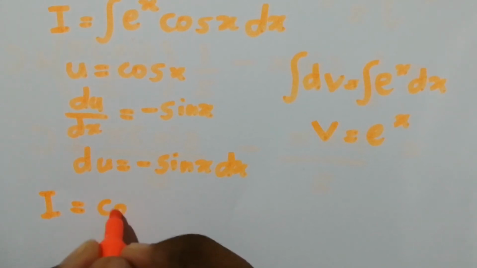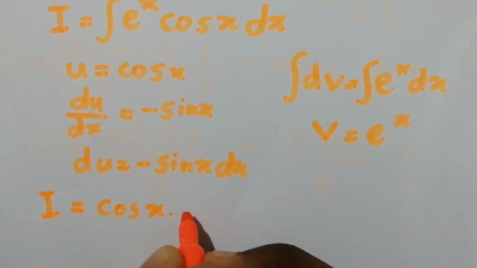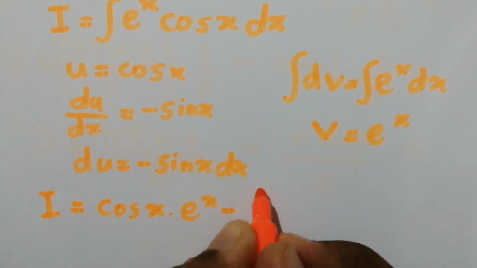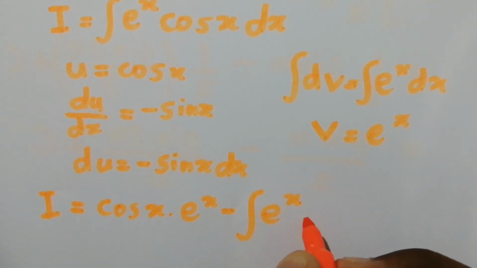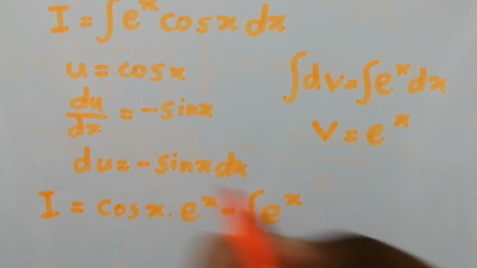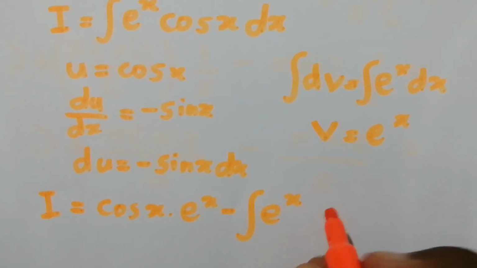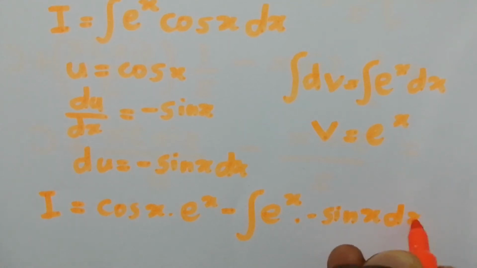U is cos x times v e^x minus integral v du. V is e^x times du is minus sin x dx.